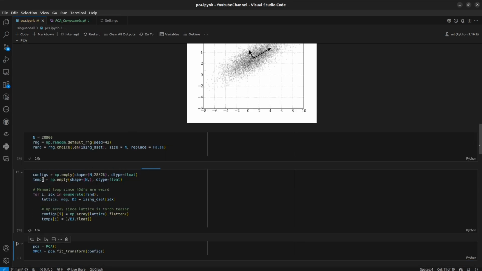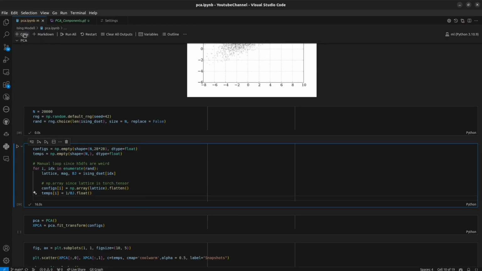Then we're going to store these into an array that we need for the PCA, and we're going to store the temperatures at which these configurations were simulated, to have some correspondence of where the hot values are in this new basis and where the cold configurations are in this new basis.